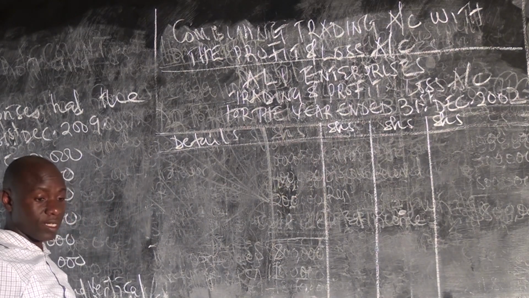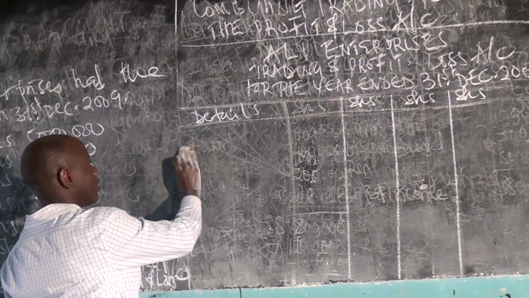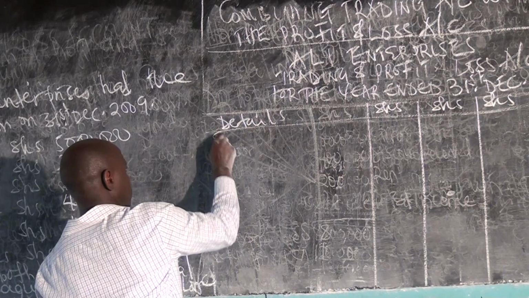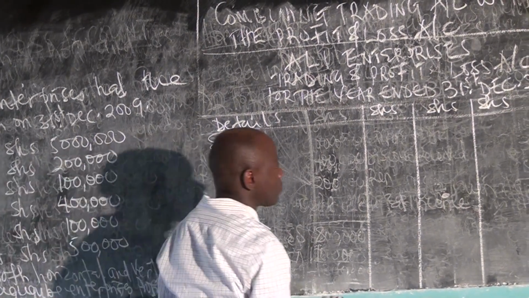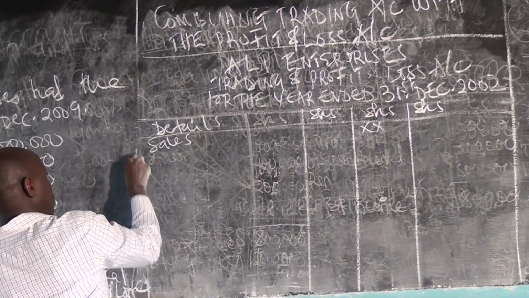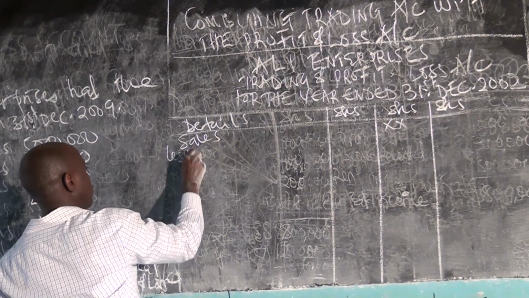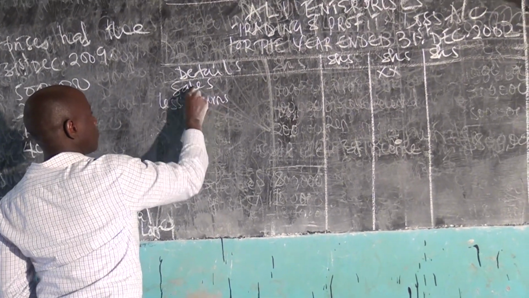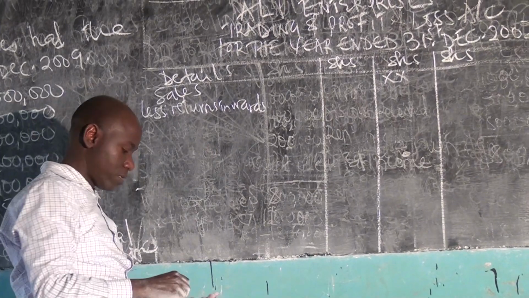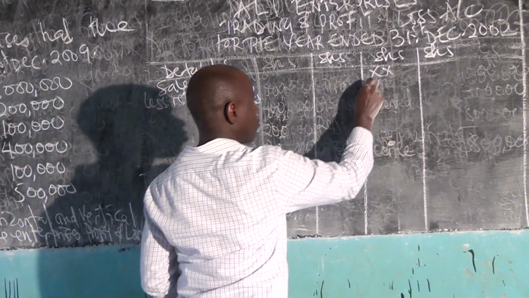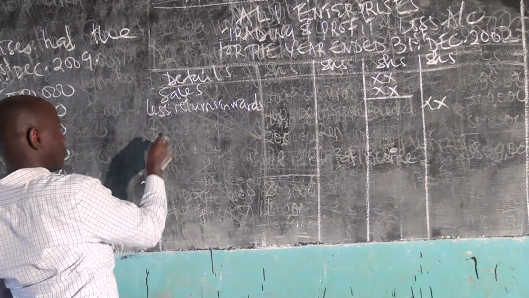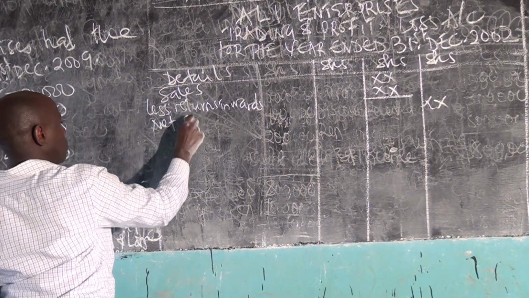When we are preparing the trading account, we start with the sales, if you are to use the vertical format. Sales, I'm assuming you have finished that. You less returns inwards, that amount of money.